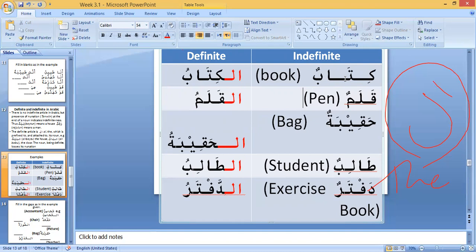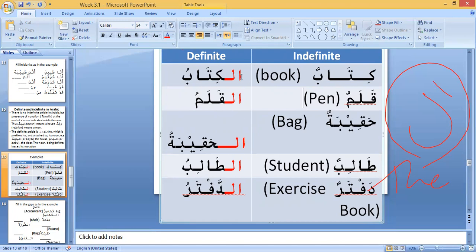Kutub, yes. And what is the plural of qalam? Aqlam, yes. Daftar is an exercise book. You say ad-daftar, the exercise book.